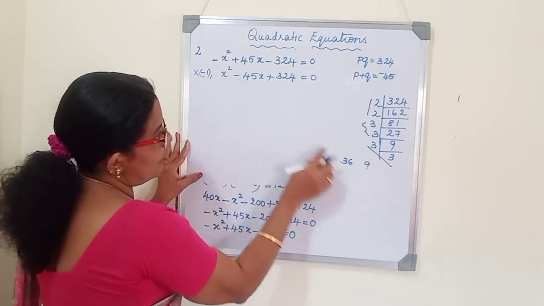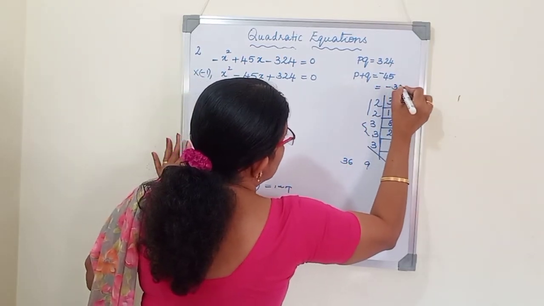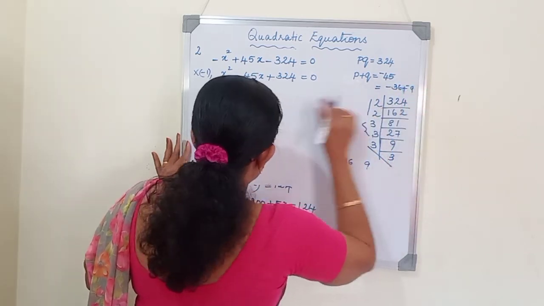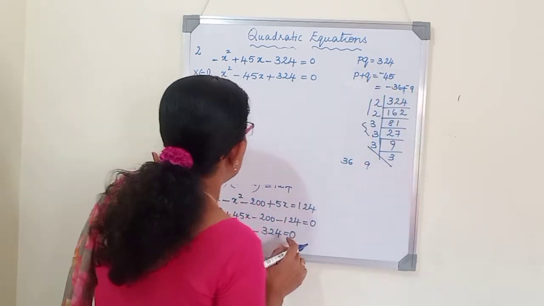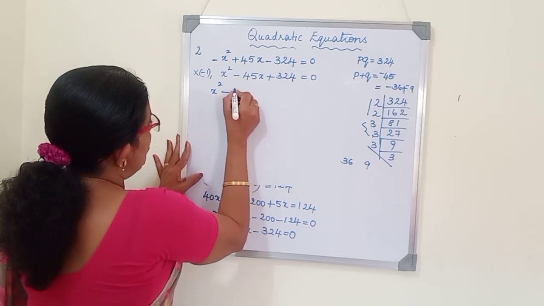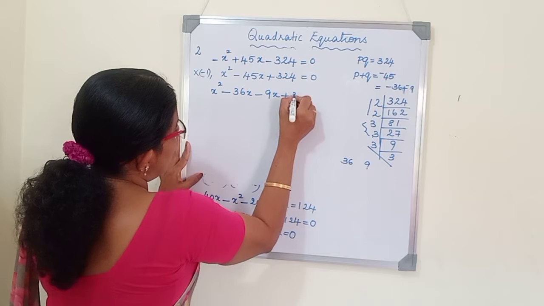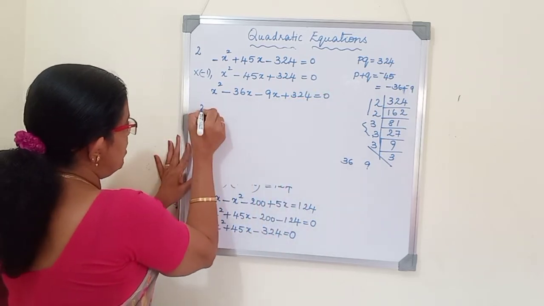But we want minus 45. So both the signs we will put negative. That is minus 36 plus minus 9 is minus 45. When you multiply these, 36 into 9 we will get 324. So now we will write x square minus 36x minus 9x plus 324 is equal to 0. Now from this x is common.